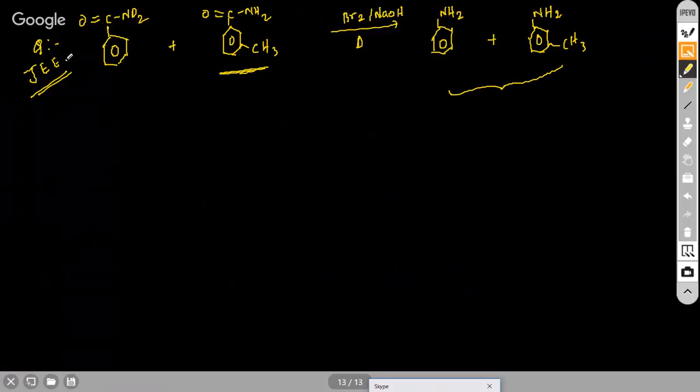Okay. Next, write down the next reaction, that is the Curtius reaction.